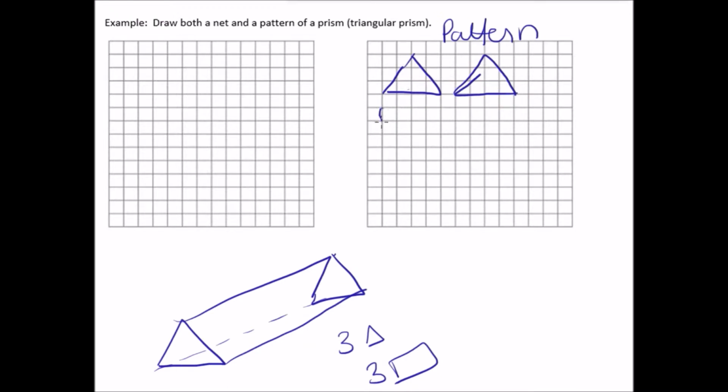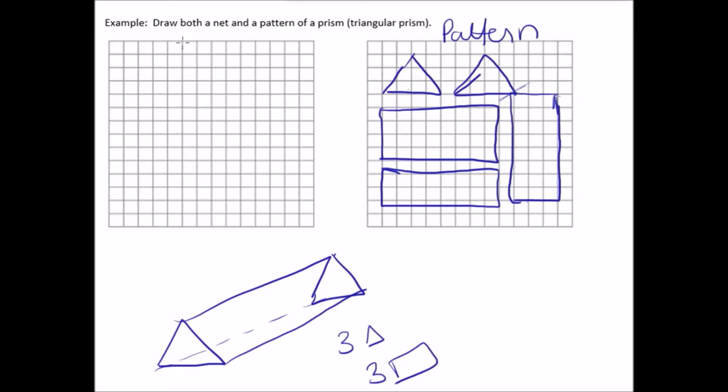So we'll have a rectangle this big, and then we'll have about 3 and 3. 1, 2, 3, 4, 5, 6, 7, 8. One more. Those aren't supposed to be joined. Okay, so that's our pattern.